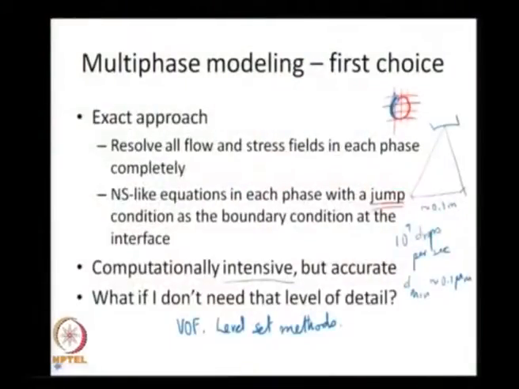So, let us quickly summarize. Our modeling choice number 1 was where I choose a grid so fine that I am able to resolve the flow inside every drop, including the smallest of drops.